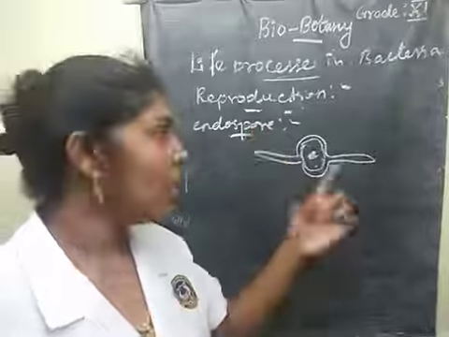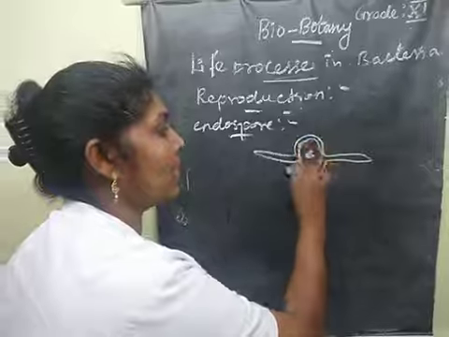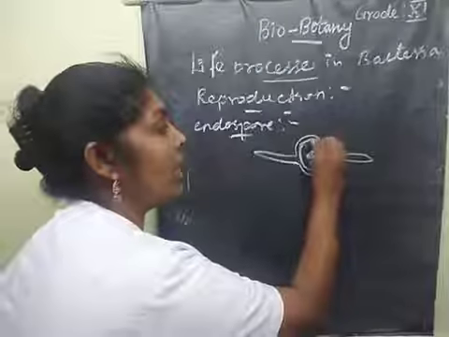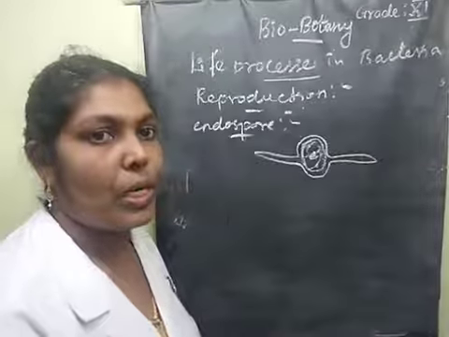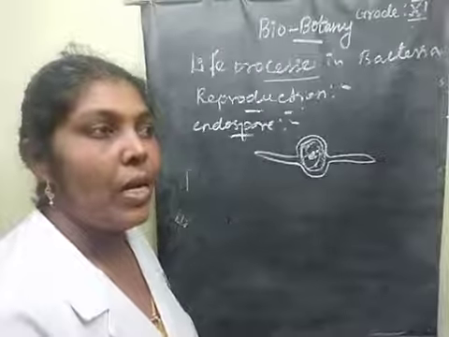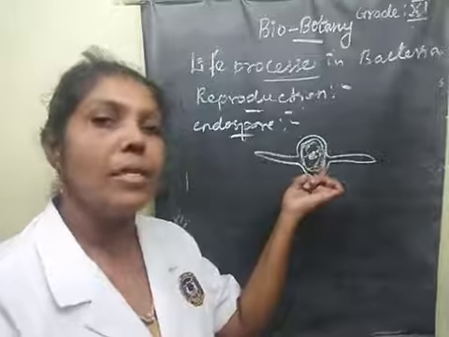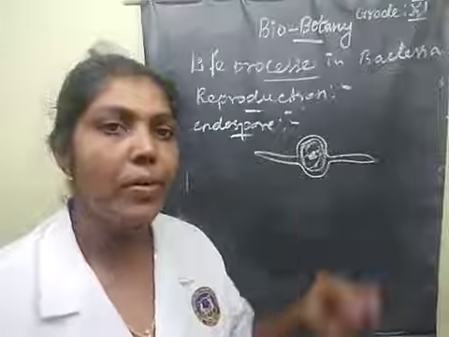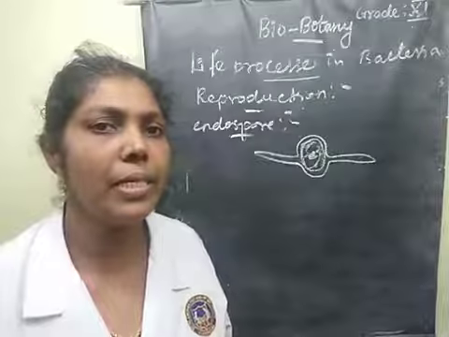What is an endospore? The thick-walled resting spores. Then under favorable conditions, these endospores can germinate and form the full bacterial cell. Understood? Say yes or no?